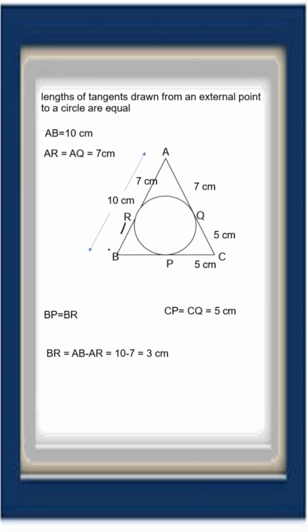BR is equal to AB minus AR, that means 10 minus 7, that is 3 centimeter. So BP is equal to 3 centimeter. BC is equal to BP plus PC, that is 3 plus 5, that is 8 centimeter.